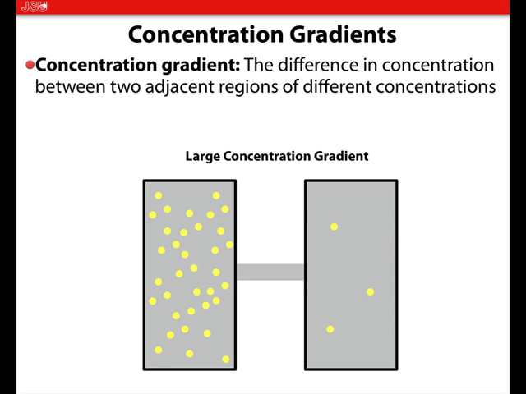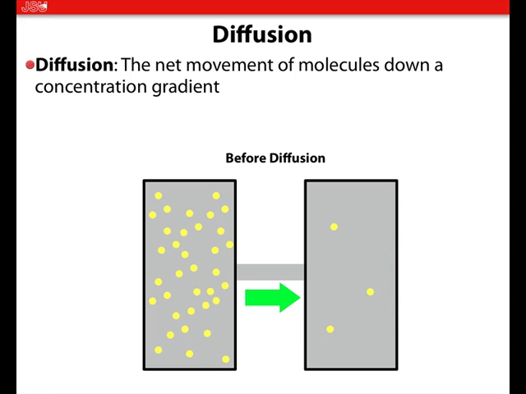So this is a large concentration gradient where one has a lot of concentrated molecules, the other has very few. This is a medium concentration gradient. Okay? The difference between the two areas is less. And this is a small concentration gradient. Okay? And this is no concentration gradient.